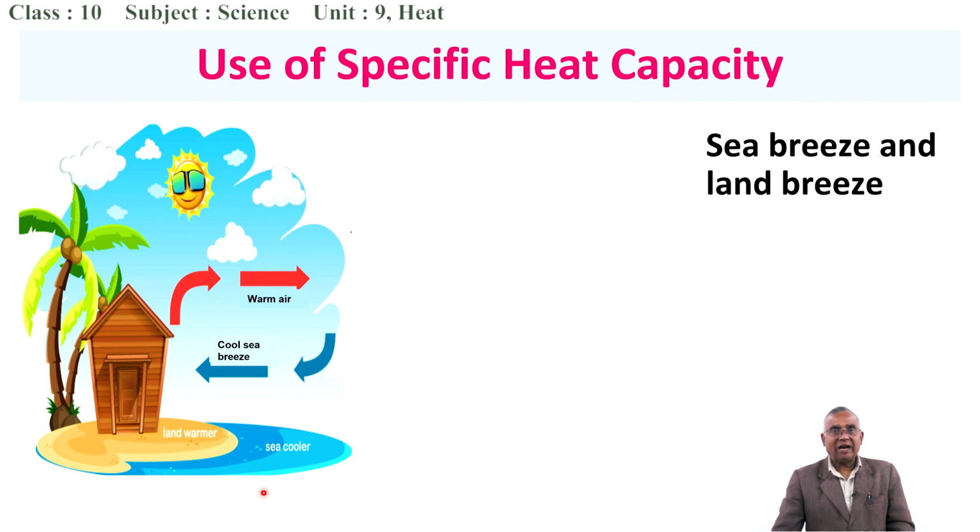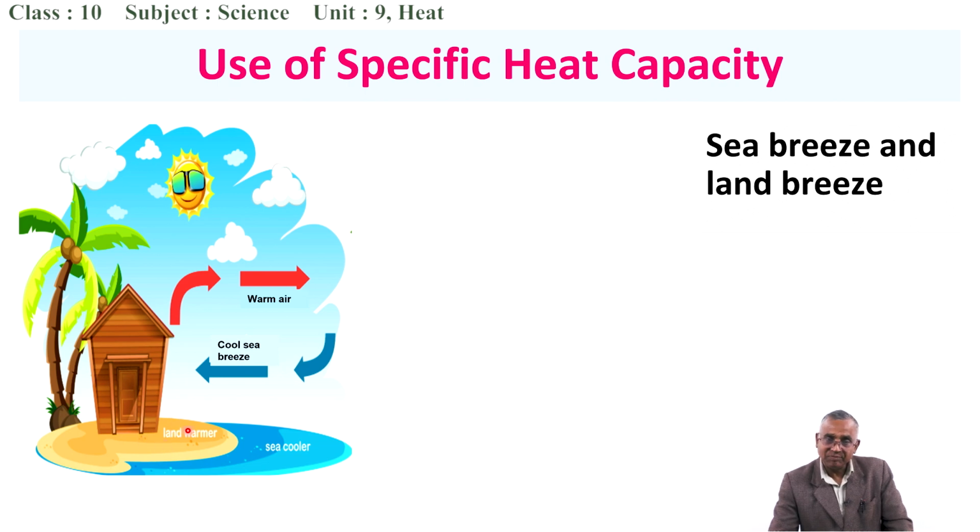And those which have less specific heat capacity, they change their temperature faster because they do not have more retaining capacity of heat, more absorbing capacity of heat. So here out of land and water, as water has maximum specific heat capacity, during day, which one will be heated at first? Certainly land.